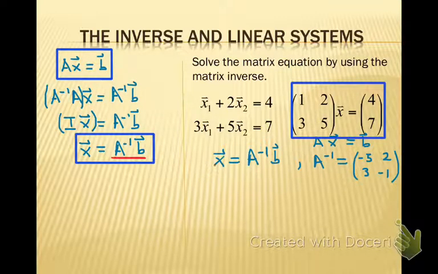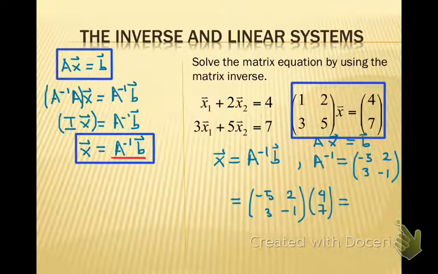So now let's simply take the product of A inverse, which is -5, 2, 3, -1, with the constant vector B, which is 4, 7, that is on the right-hand side of the matrix equation.